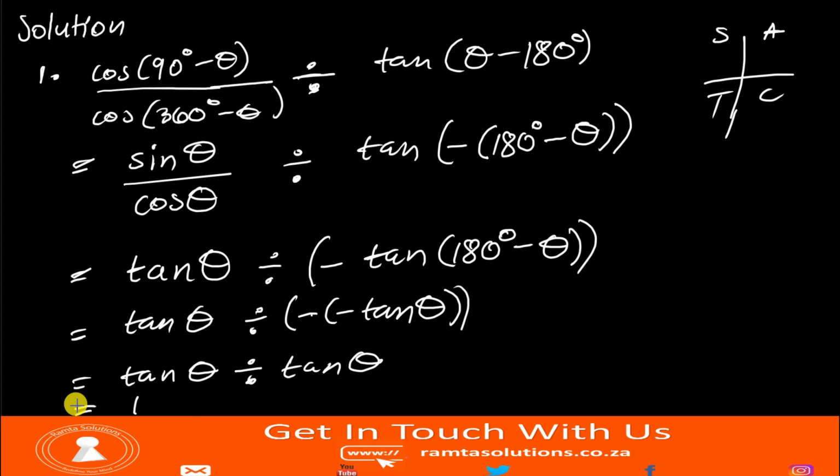All right? Perfect. Let's try number 2. We have cos(negative 225 degrees) sine 135 degrees plus sine 330 degrees, all over sine 225.